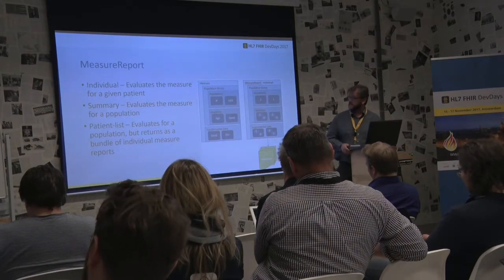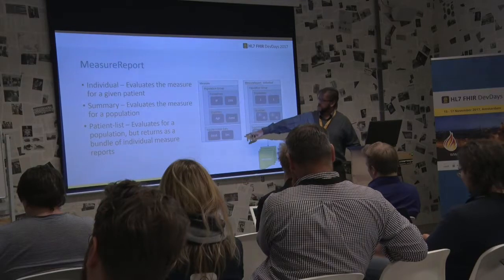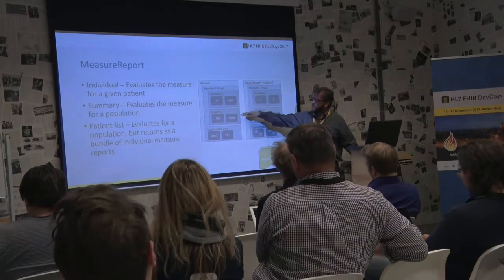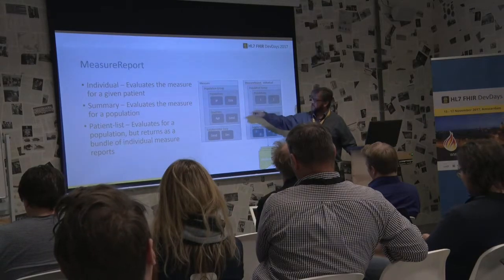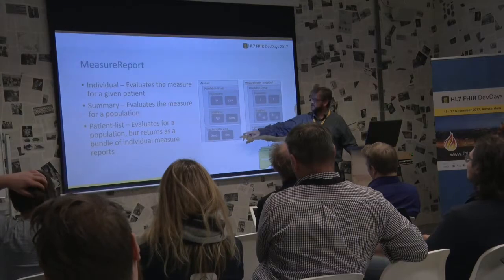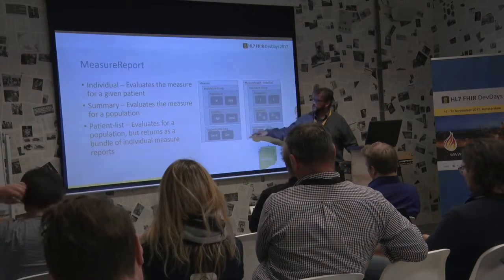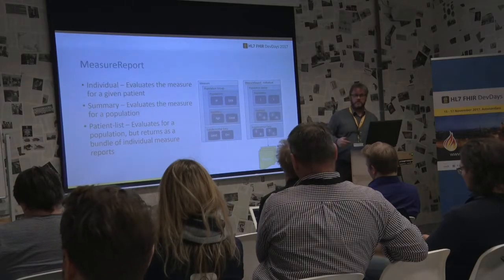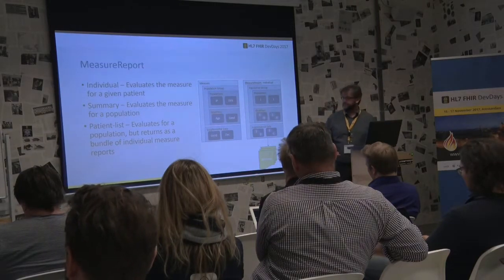And then supplemental data is, think of this as projection. In addition to the measure score, for each member of the population, I want to capture things like gender, whether they're deceased, additional information that I want to report as part of the measure, but that isn't part of the measure score.